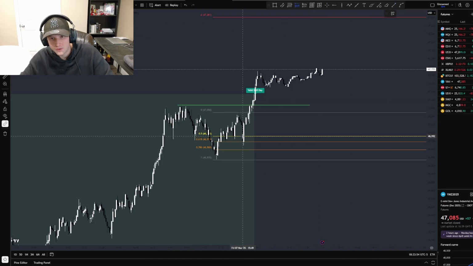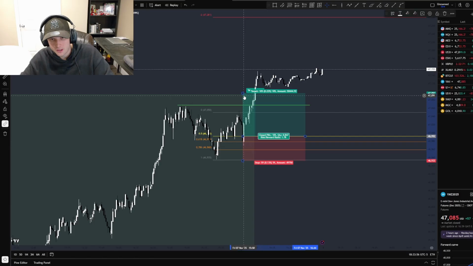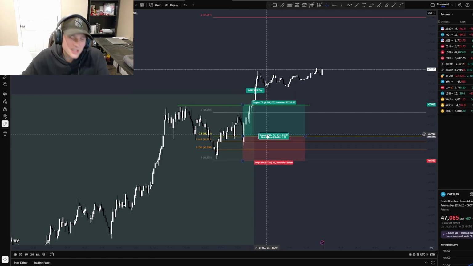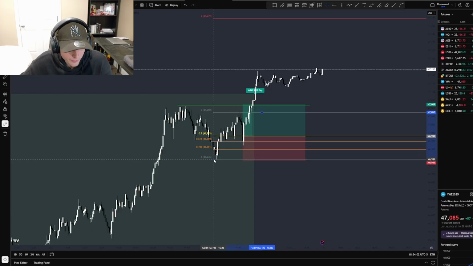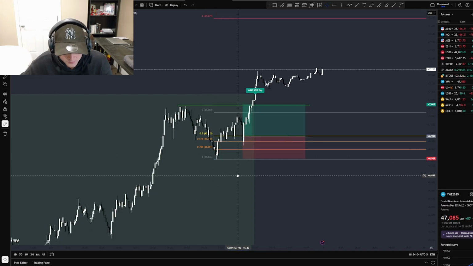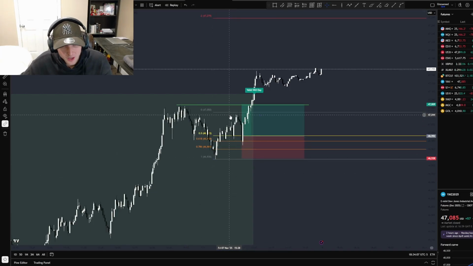You enter your long position at the halfway point, whatever TP here. That's all good and well. Your stop loss should always be at your Fibonacci low, and your TP should be at your Fibonacci high, and then you can have an extra TP at the top. Your Fibonacci is basically where your TP is and where your stop loss is, and then you enter on the halfway point, and you have a TP higher.